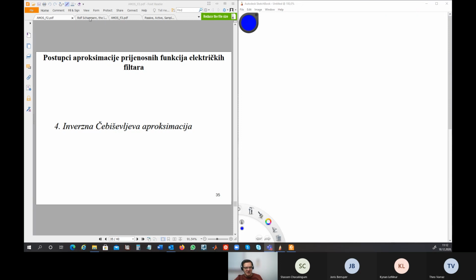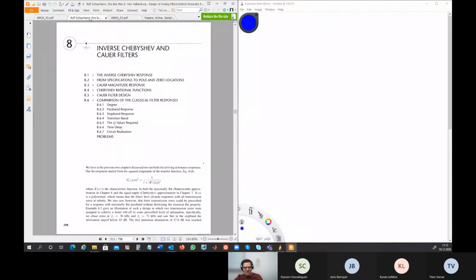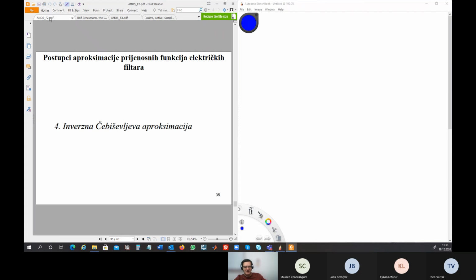We will today continue with chapter number 8, which is inverse Chebyshev and Cauer filters. This is a continuation from the last time where we said a few words about Butterworth and Chebyshev filters. These filters are grouped together because it is logical, and you will see why. So today we continue with inverse Chebyshev approximation.